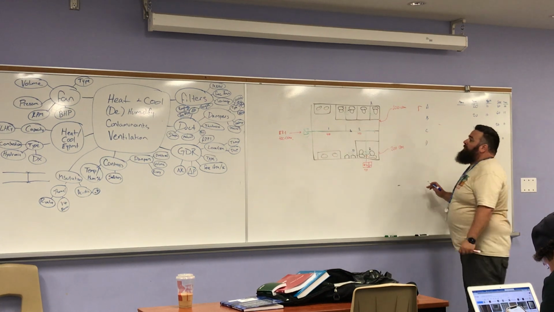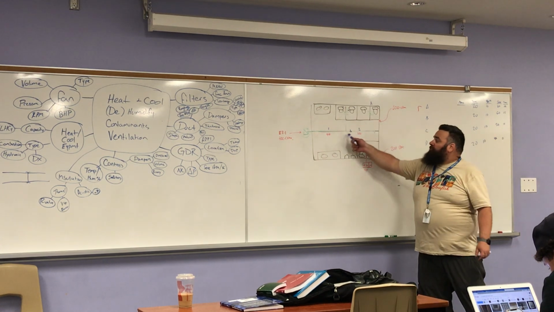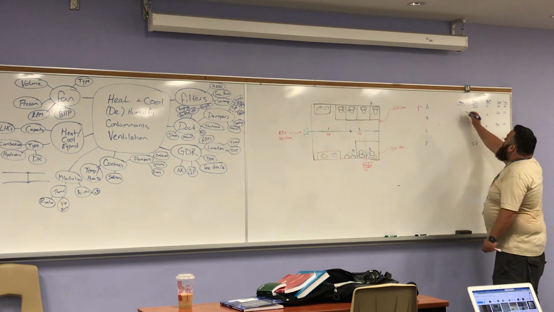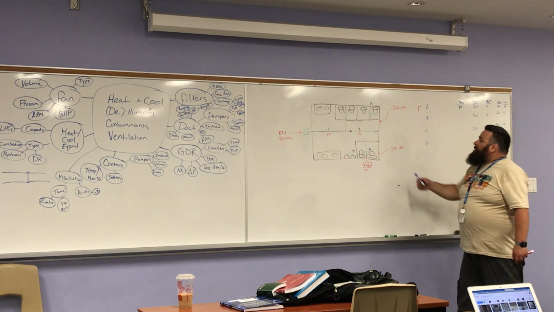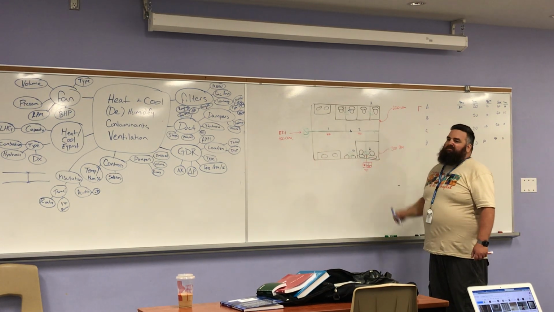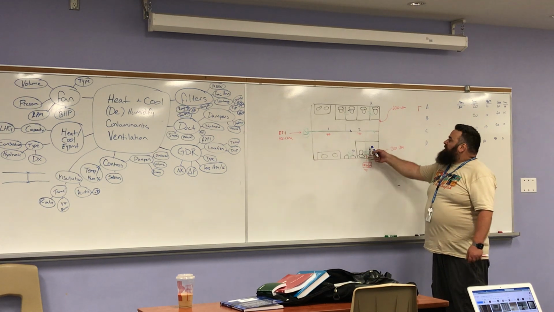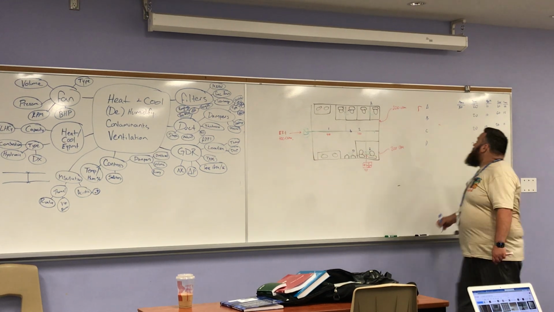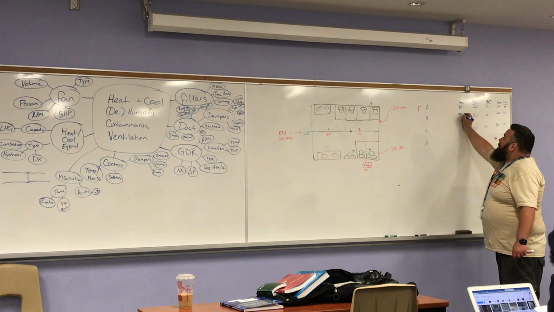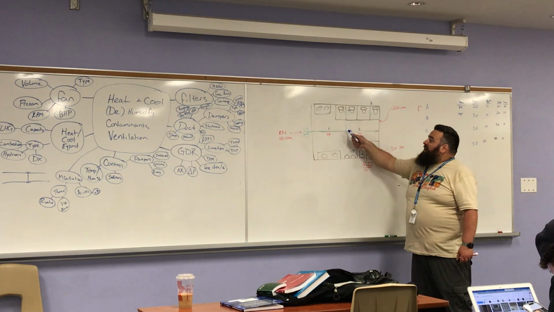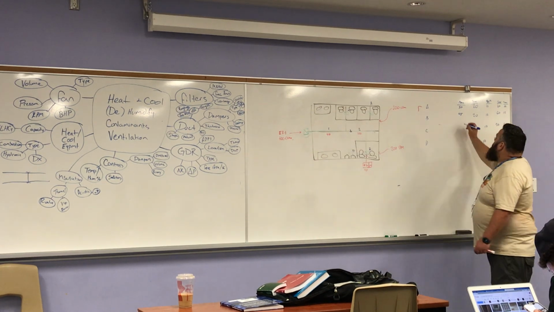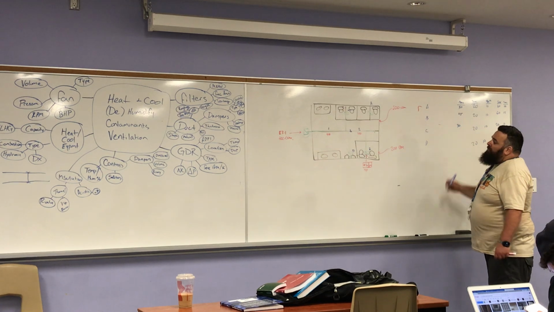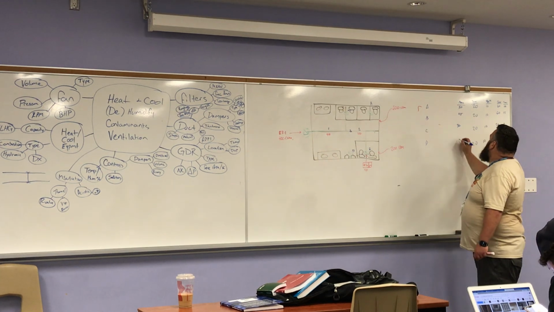I'm making this up. How many feet is that? 10, 40, 50, right? 50 feet. B looks like we're about 5 feet less. 10, 35, 45. C is 10, 20, so 30. And let's say D is the same.